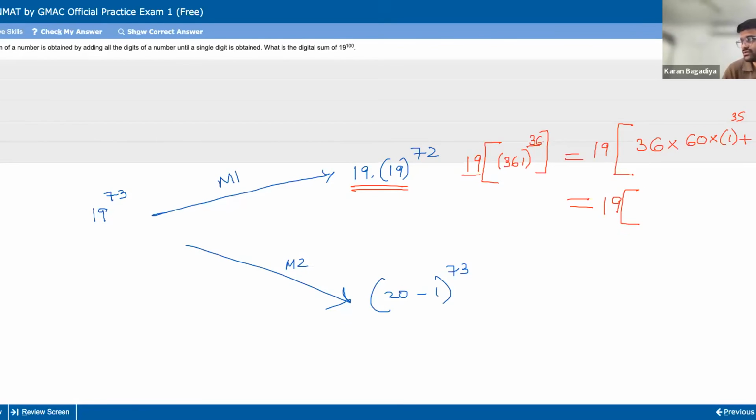Right? This is giving me 1. And this is giving me what as the last digit? It's still giving me 6 as the last digit. Check if this is okay. I'll wait here.